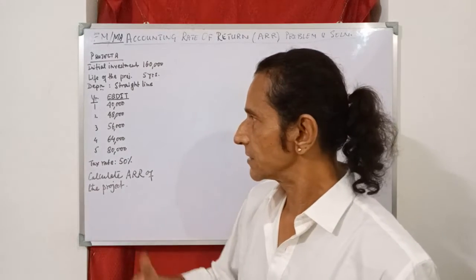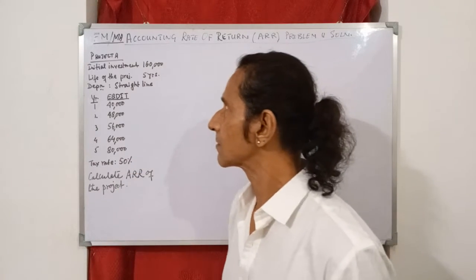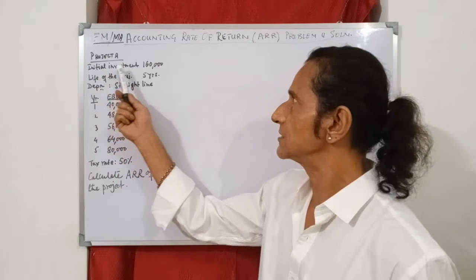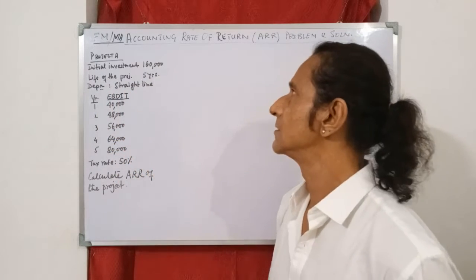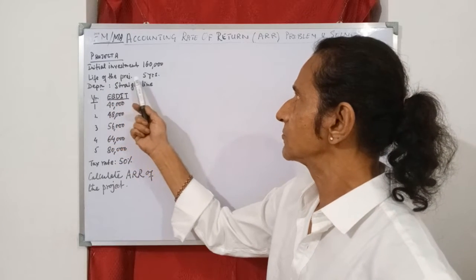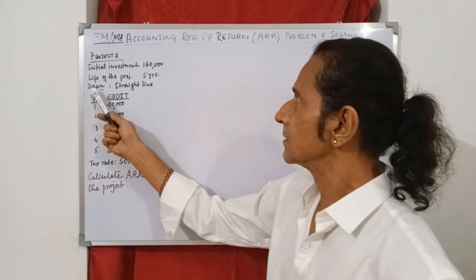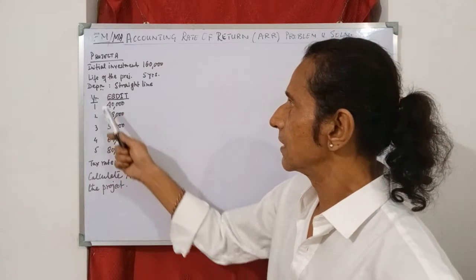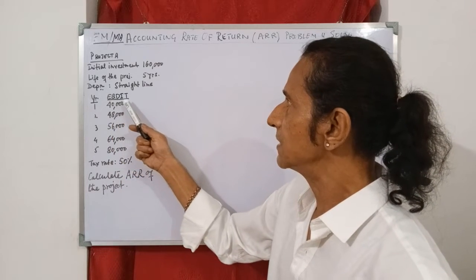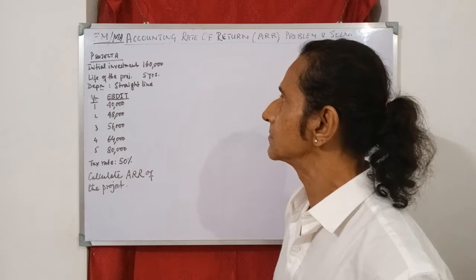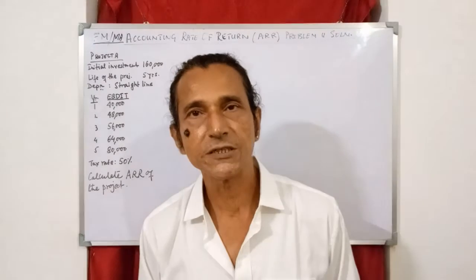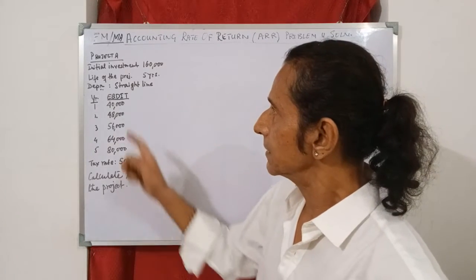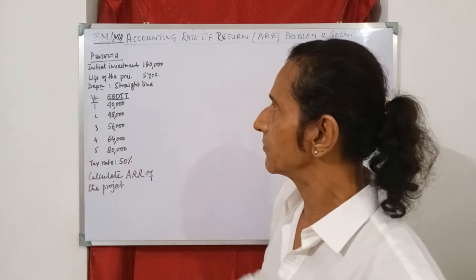Okay, so let's get into solving this problem. What is the problem? Initial investment is given, that is 160,000. Life of the project is 5 years. Depreciation is to be provided on straight line method, and here it is EBDIT, that is earnings before depreciation, interest and tax. EBDIT of 5 years are given.